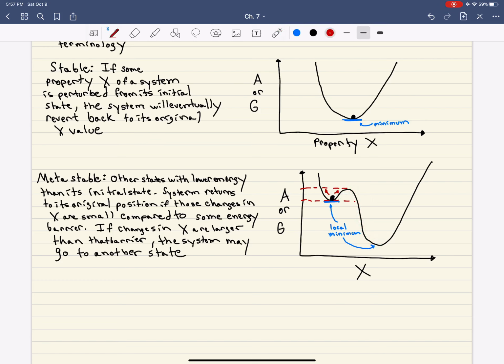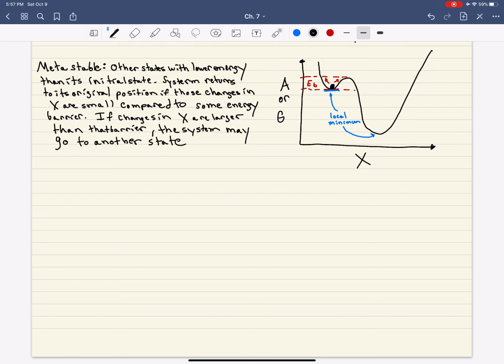And so we quantify the size of that hill by calling it an energy barrier, or an EB. Okay, so that's what metastable means. It means that if you perturb your system enough, you may cause it to reach a completely new equilibrium state.